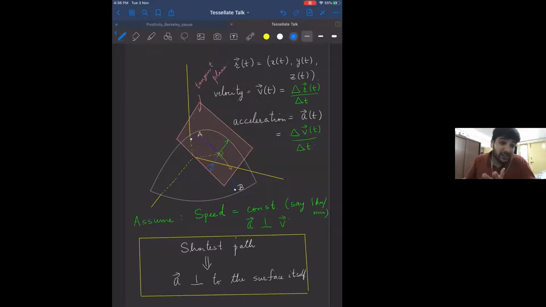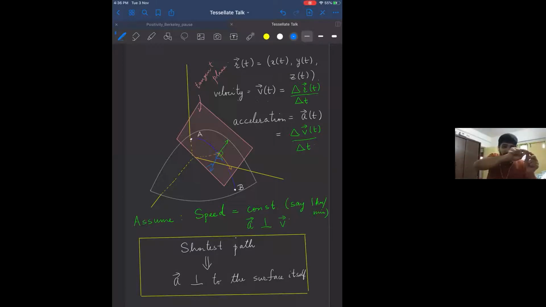Your acceleration might have some component along the perpendicular direction, but you can imagine that if it has some component along that direction, then at least locally your path would tend to go a bit in that direction, which would mean that you would end up wasting some fuel in getting from A to B. So at least intuitively, it's clear that if you're on the shortest path, then the acceleration should be perpendicular, not just to the velocity, but to the entire surface.